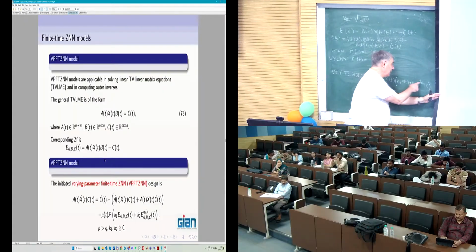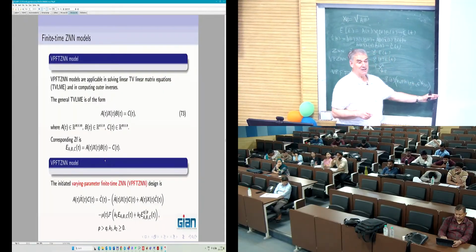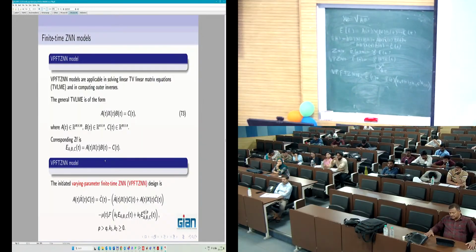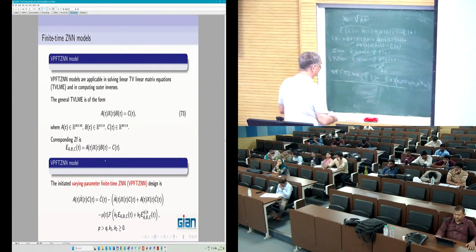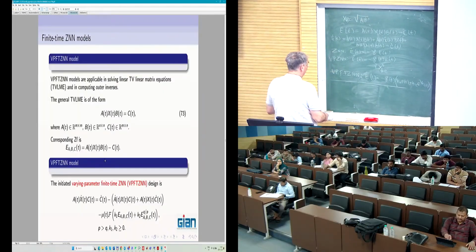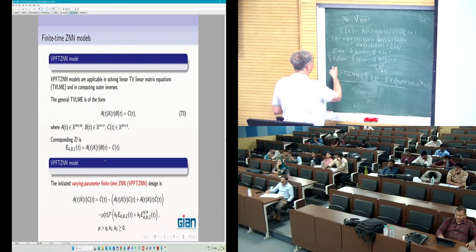Again, I will say q by p should be less than 1. When e of t tends to 0, this power will increase values of the error function. Of these models, I will choose the first one, ZNN we already investigated.